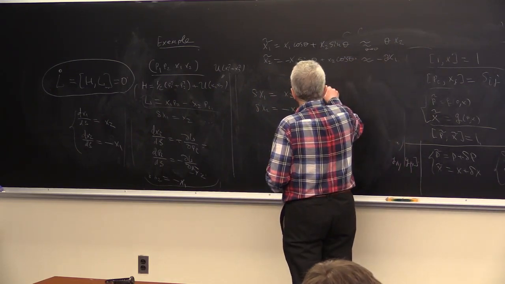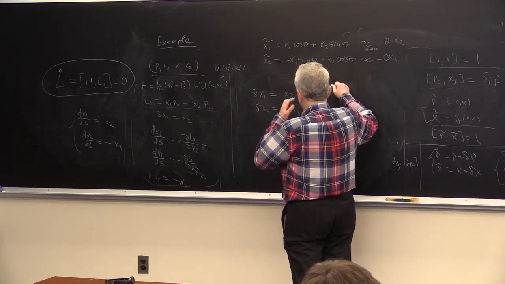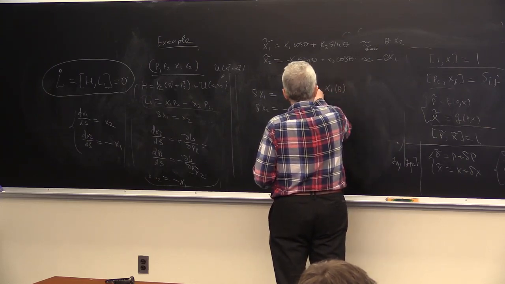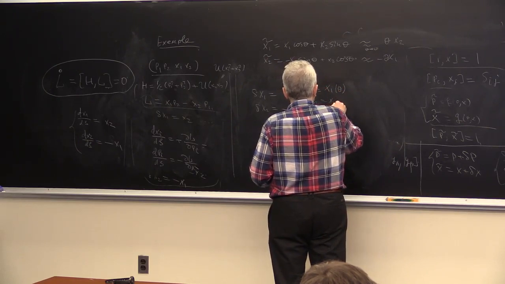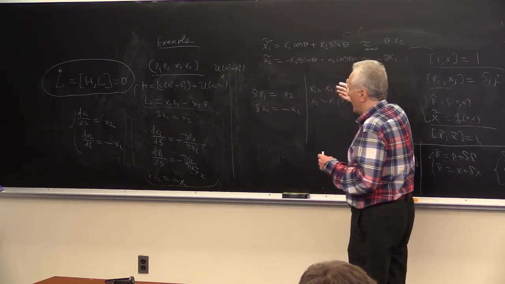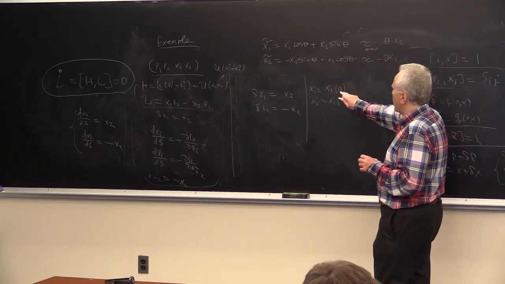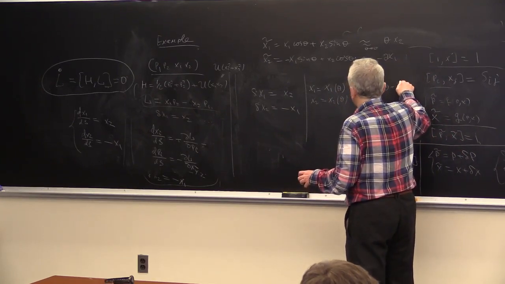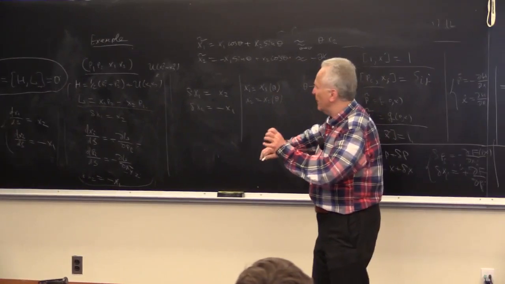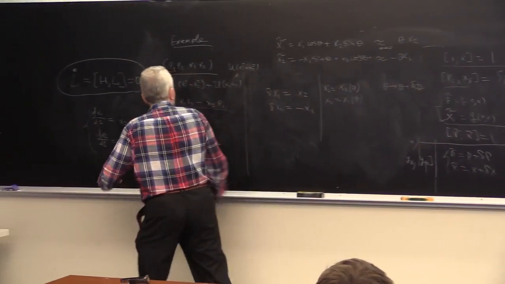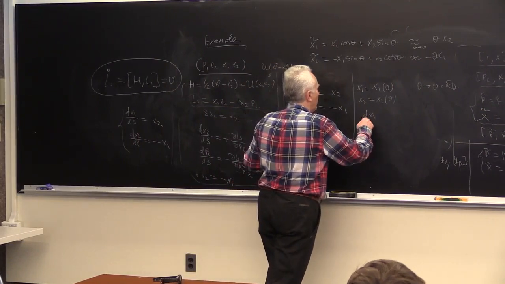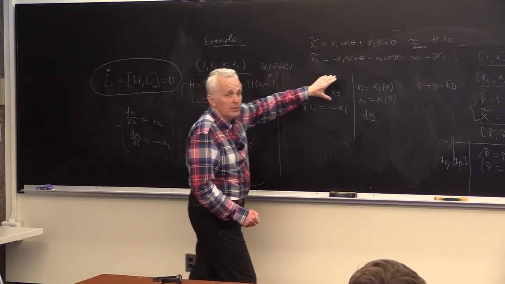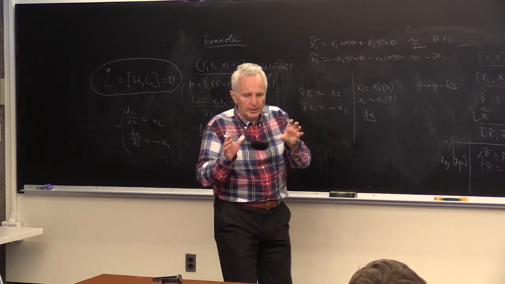I would consider x1 as a function of theta, and x2 as a function of theta, where theta is the angle of rotation. Now suppose I have some theta, and then I rotate a little bit, I go from theta to theta plus delta theta. Actually, this part doesn't have anything to do with the Hamiltonian. It's pure geometry.